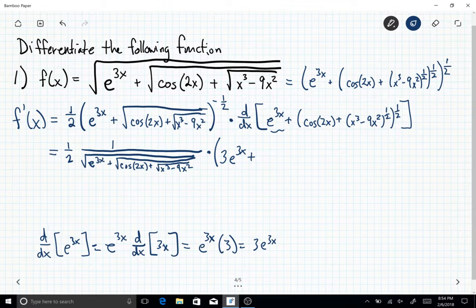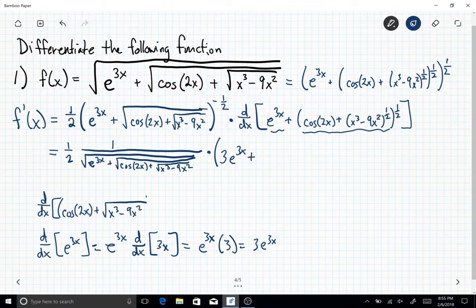Well, notice all this is an inner function, and the outer is that 1/2 power. So notice when we take the derivative of cosine of 2x plus, and for now I'll just write it as a square root just to keep track, x cubed minus 9x squared.